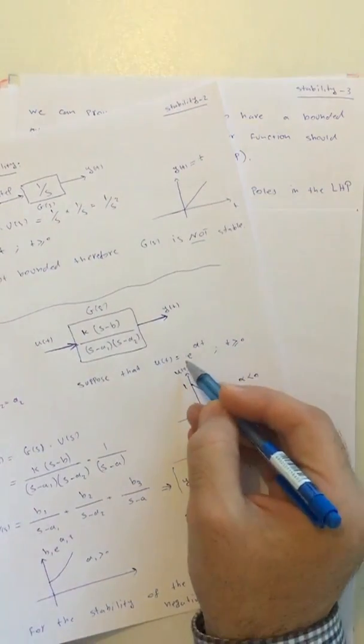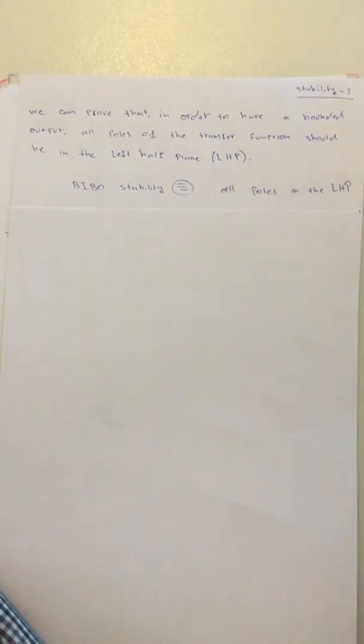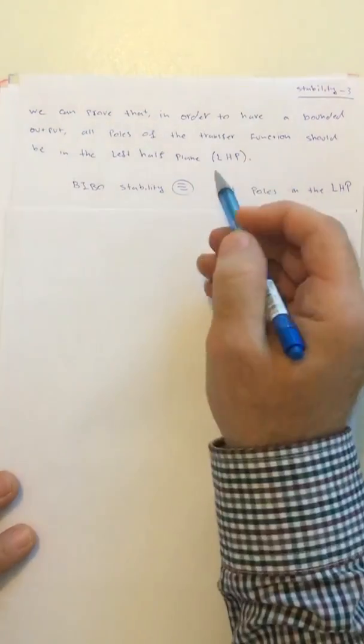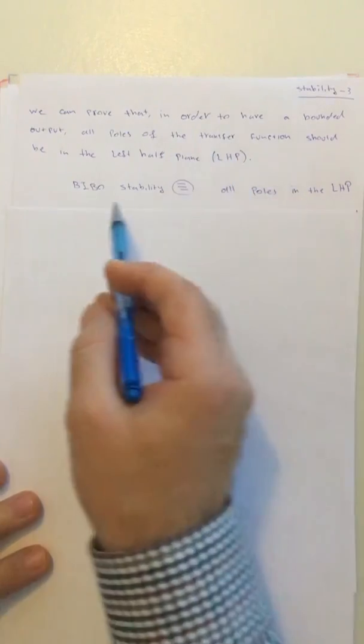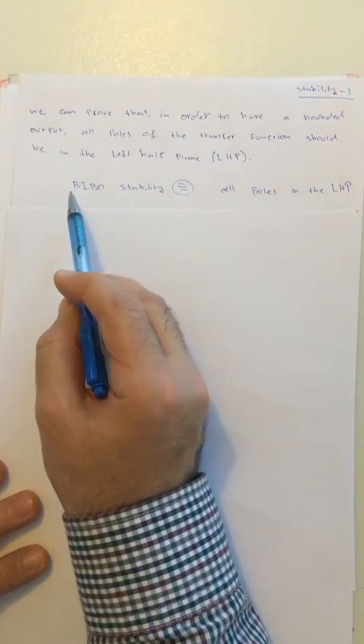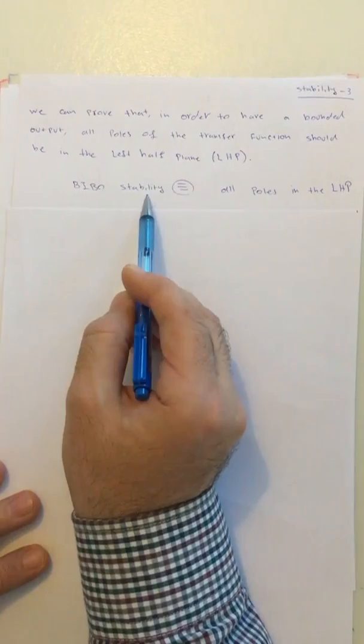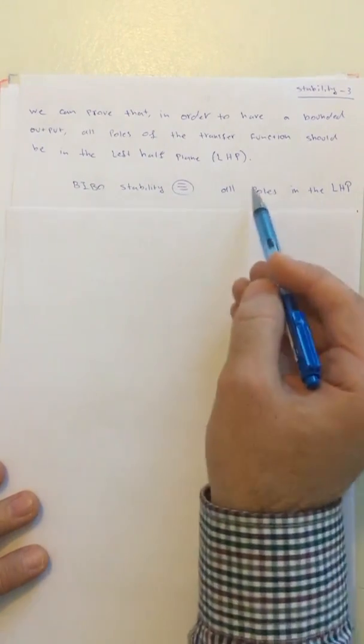It is not limited to this specific input. In general, to have a stable system, all poles of the transfer function should be in the left half plane. In other words, BIBO stability is equivalent to having all poles in the left half plane.